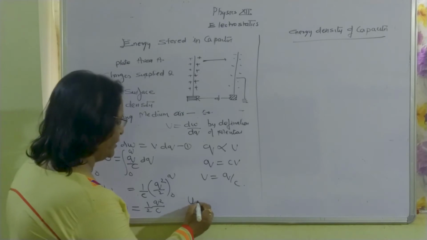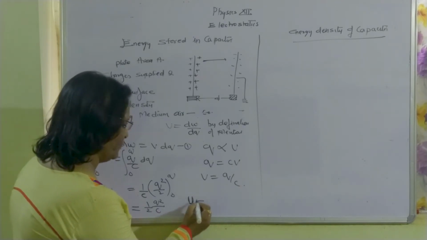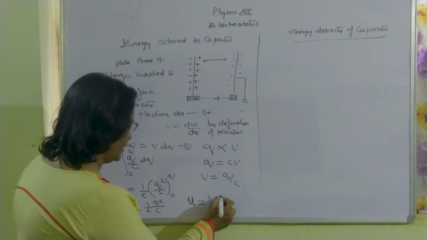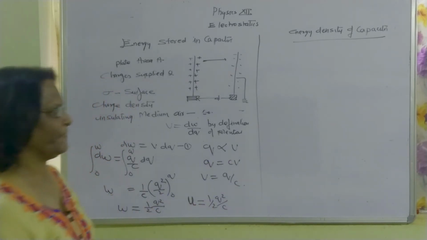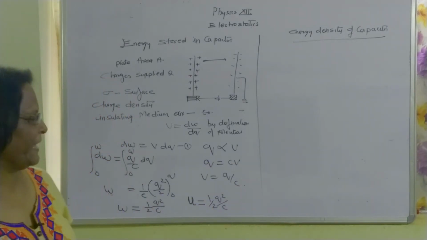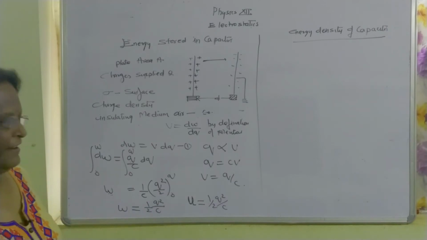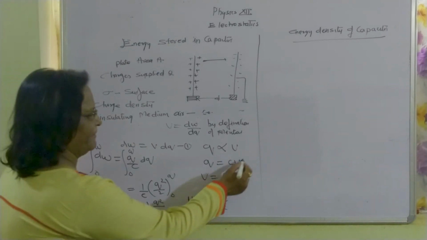So we get U, that is capital U, equals 1 upon 2 Q square upon C. Still, this Q can be written as CV.